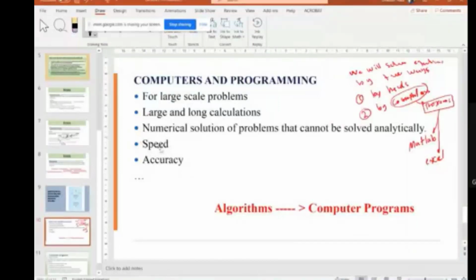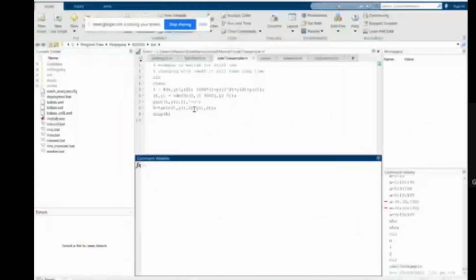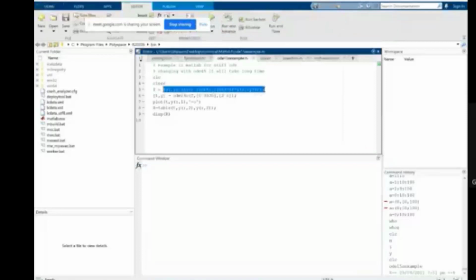The other reason is speed. A computer solves any problem fast, in seconds. For example, let's take this problem in MATLAB. If you want to solve this equation by hand, if you're good, you need at least, for example, 1 hour.